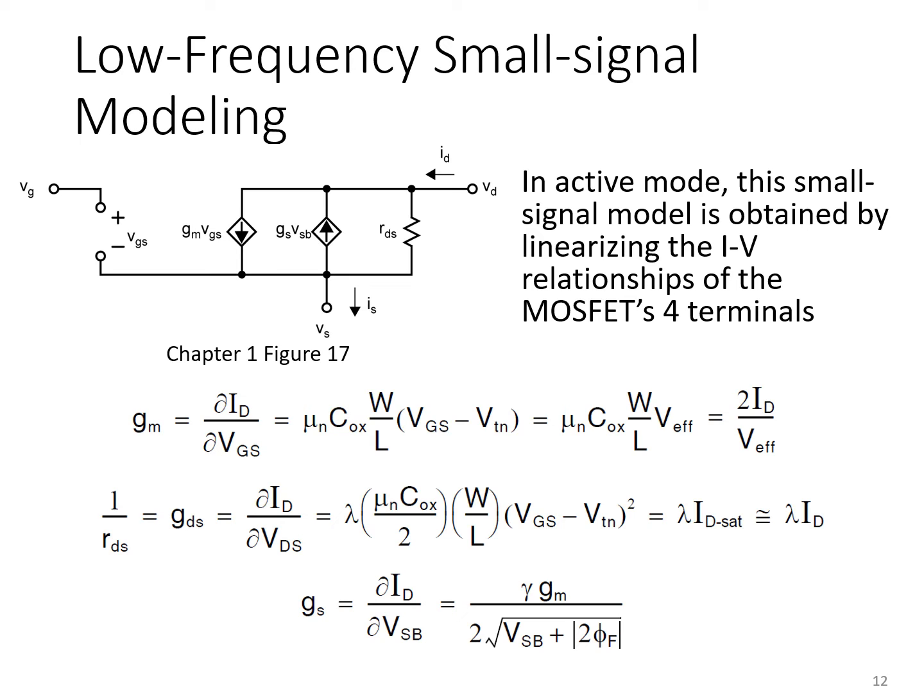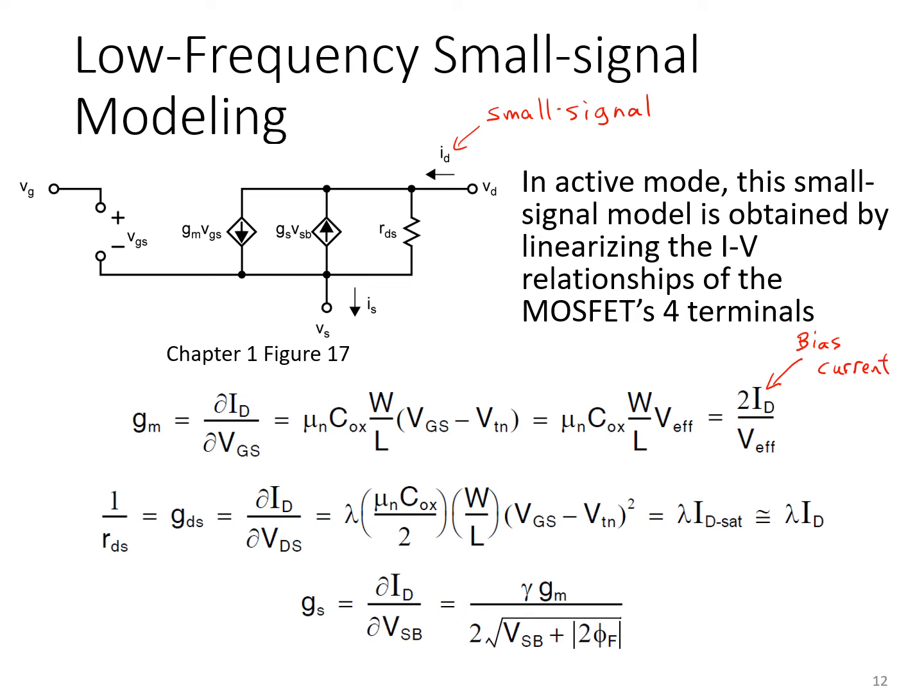You'll also note this expression here. The transconductance of a MOSFET is equal to 2 ID over V effective. ID in this case should be distinguished from the small signal lowercase id here. In this expression down below, the uppercase ID refers to the bias current around which the MOSFET is being linearized.